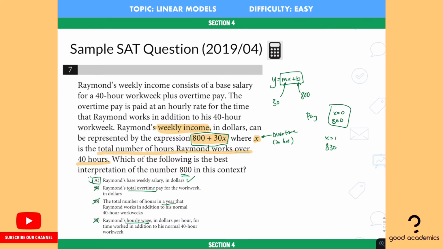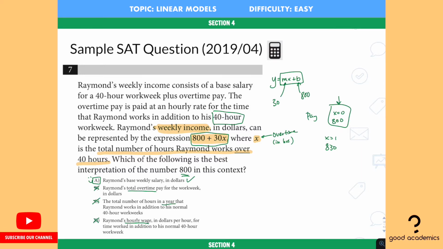Now, the other type of question that they can also ask is, such as, how much does Raymond get paid for his overtime per hour? Then you would say $30. Now, a more difficult question would be to ask you, how much does he get paid per hour? Because it tells you that it's a 40-hour work week, and based on our what-if question, if he works 40 hours a week, then he's going to get paid $800.